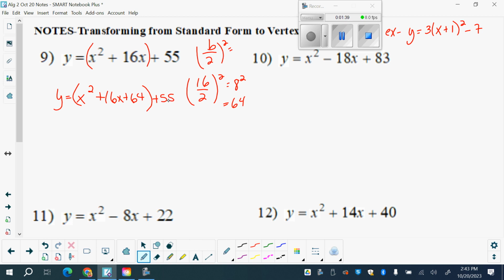The problem is I can't just add whatever I want to the problem. What could I do so that I could make that statement the same? Since I added 64 here, what might I be able to do to make this okay?